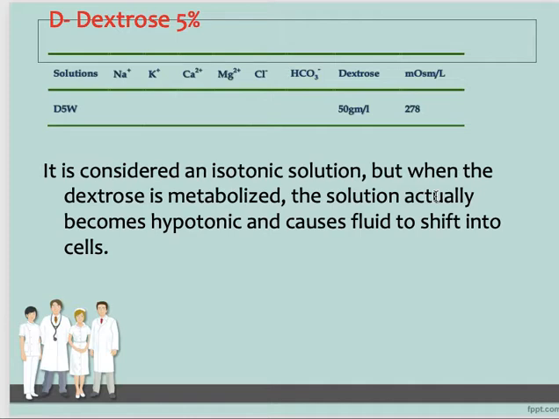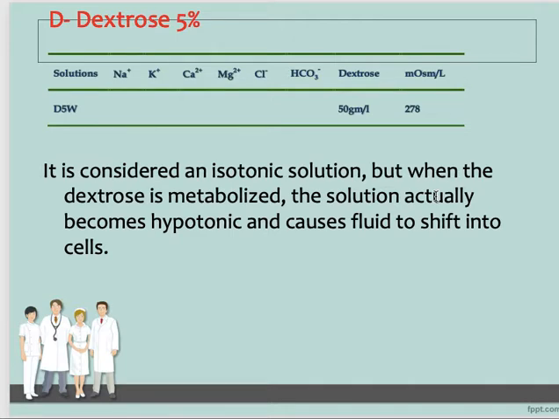And why is the fluid going to shift inside the cell? If you know the basics of osmosis, you would understand, right? Because in osmosis, the fluid is transported or moves along a semi-permeable membrane from an area of lower concentration towards an area of higher concentration.